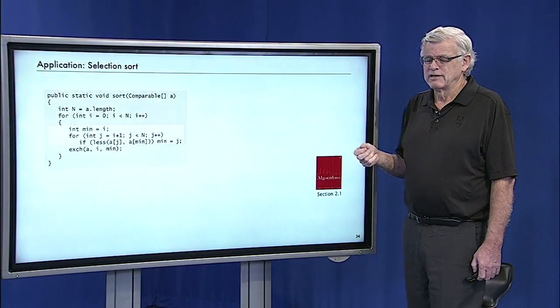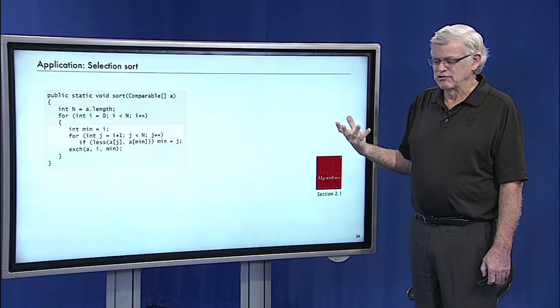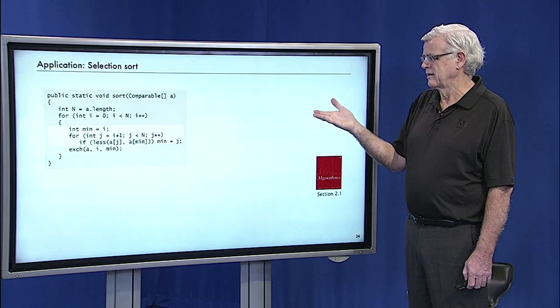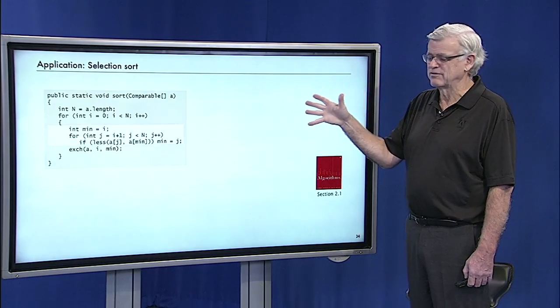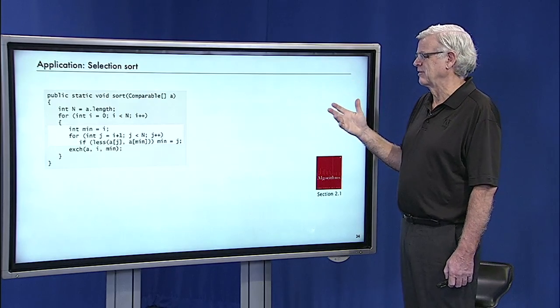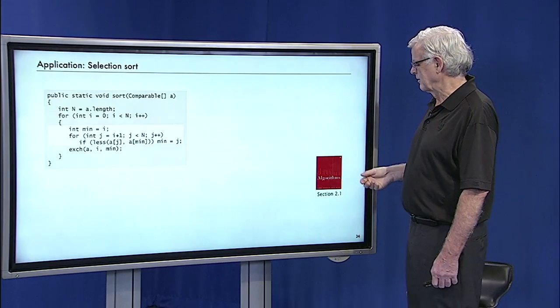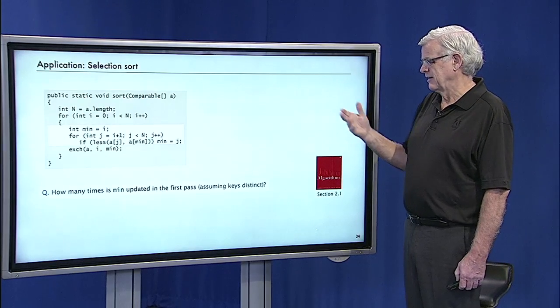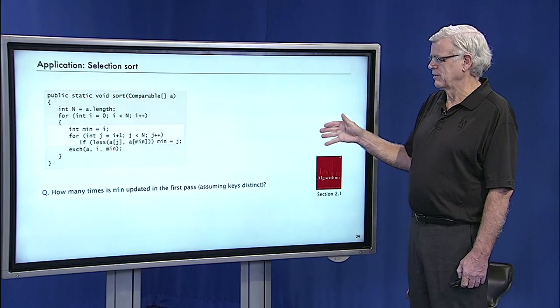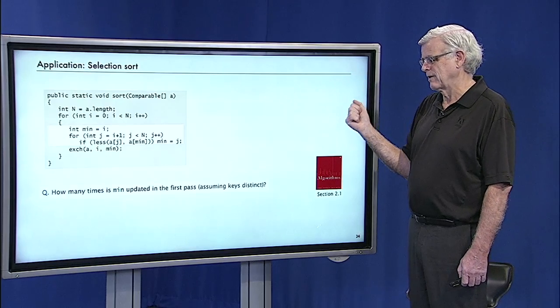The application is an elementary method known as selection sort, and it takes quadratic time for randomly ordered permutations, but it's the method of choice in some situations, for example, when records are large, and you can read about that in the algorithms book. It's a very simple algorithm that goes through from left to right.